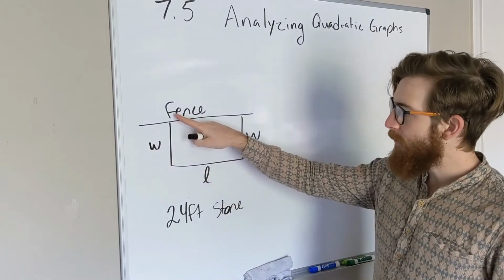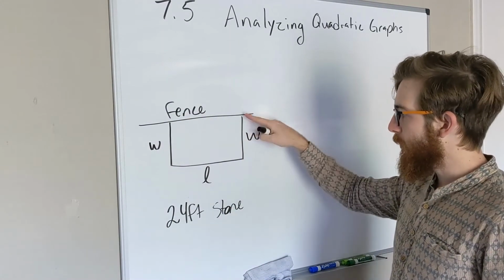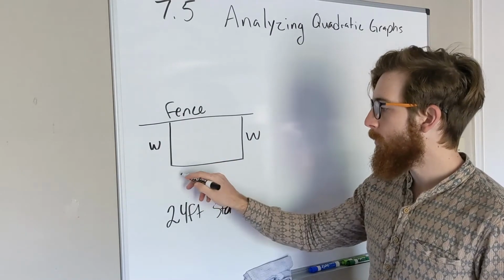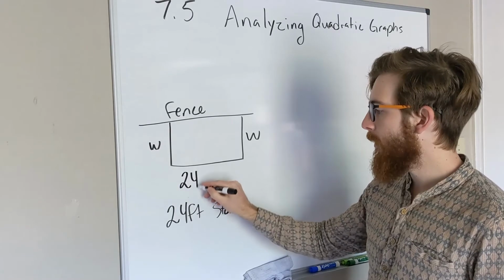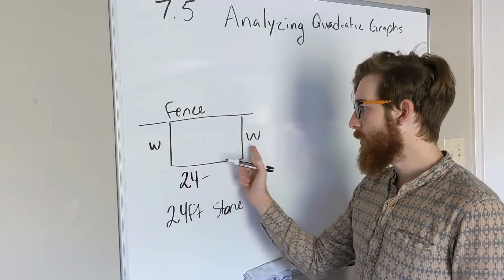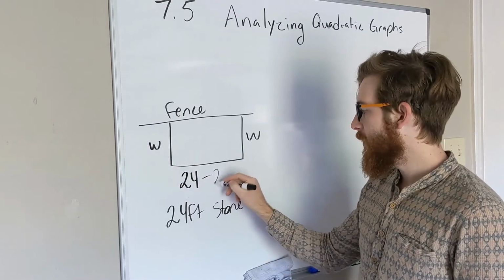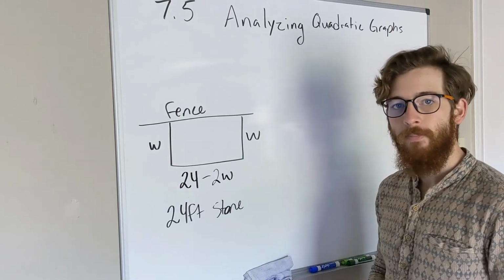Well, if I have 24 as my total, then this side here would be 24 minus the other two sides.